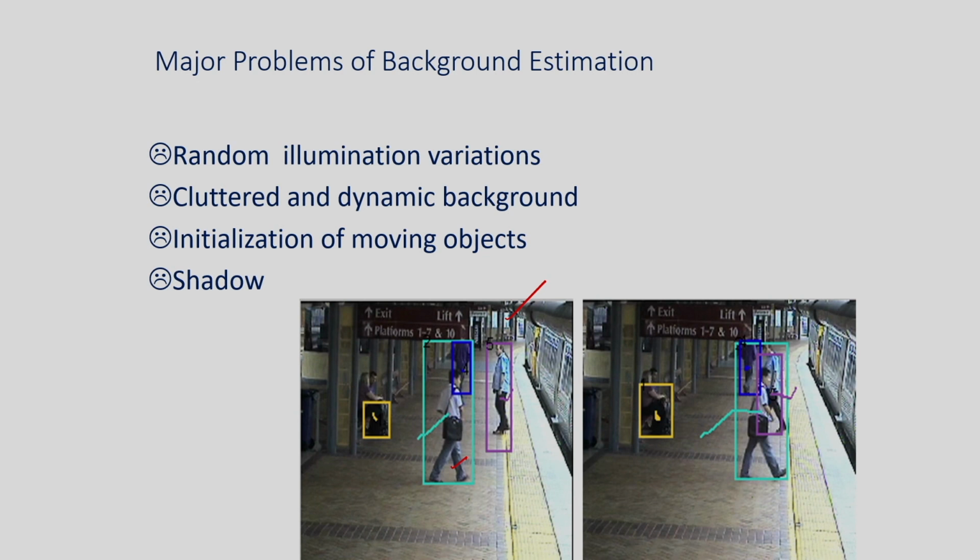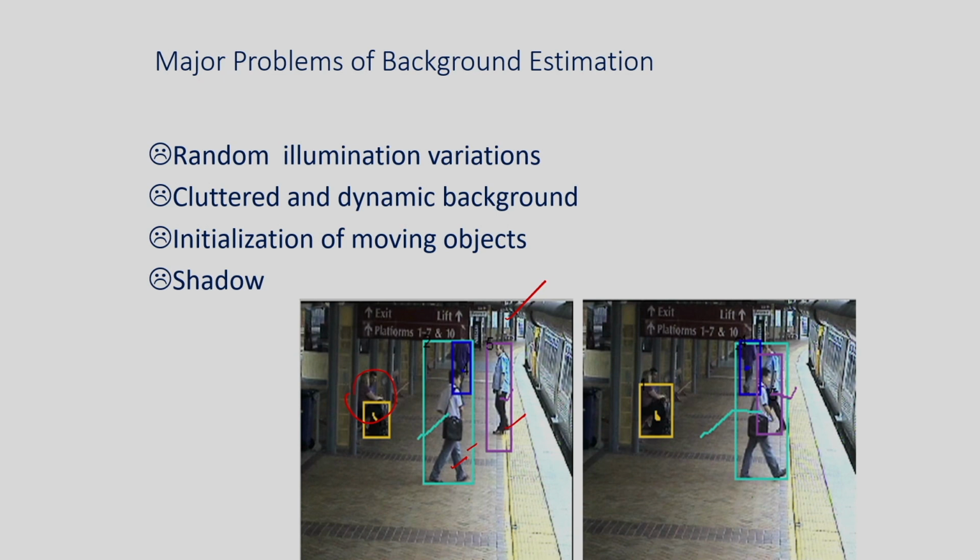Also we have to do the initialization of the moving objects. In these frames of the video you can see we have moving objects. This person is moving, this person is moving. And also some persons are sitting here, that means they are stationary. So we have to initialize the moving objects.